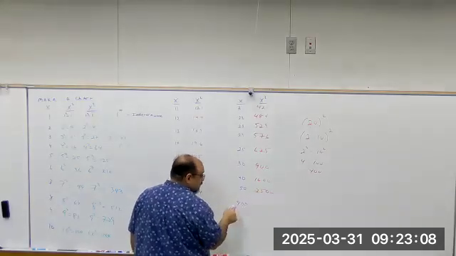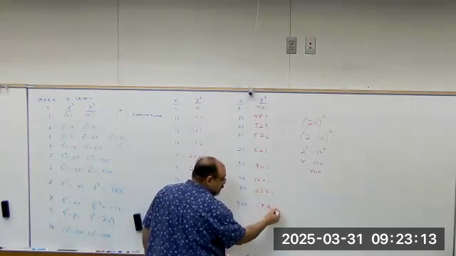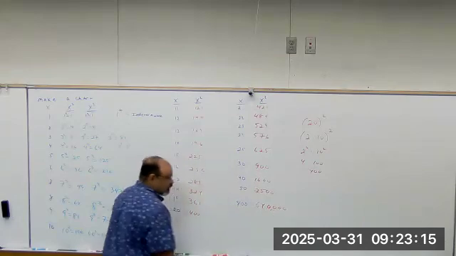And 800 squared would be 64, and if I square 100, I'll have 4 zeros. So 640,000.